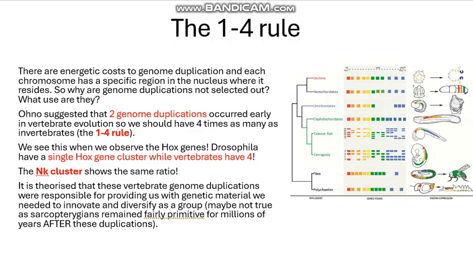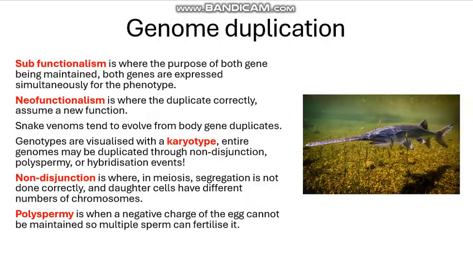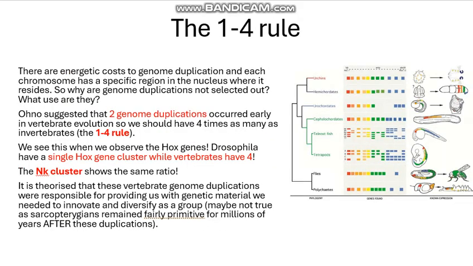Basically, genome duplications give us so many extra genes, and those genes are all potentially able to form neofunctions, so it's hypothesized that genome duplications allow us to better diversify as a group and assume new functions, so we can do more things.